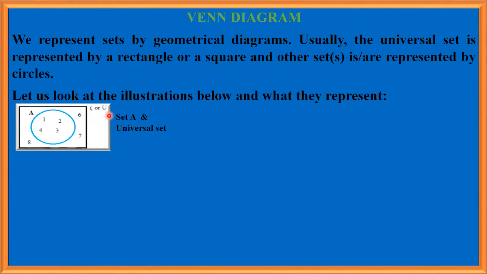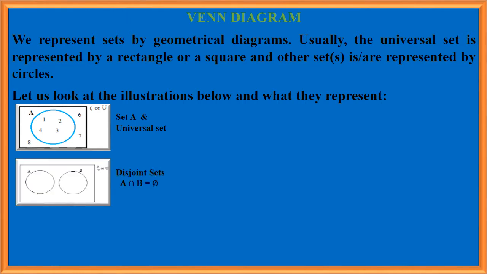We already said that the universal set is represented by U or Xi. When we have two sets, A and B, with no relation between the two circles, these sets are called disjoint sets, where A intersection B is null.